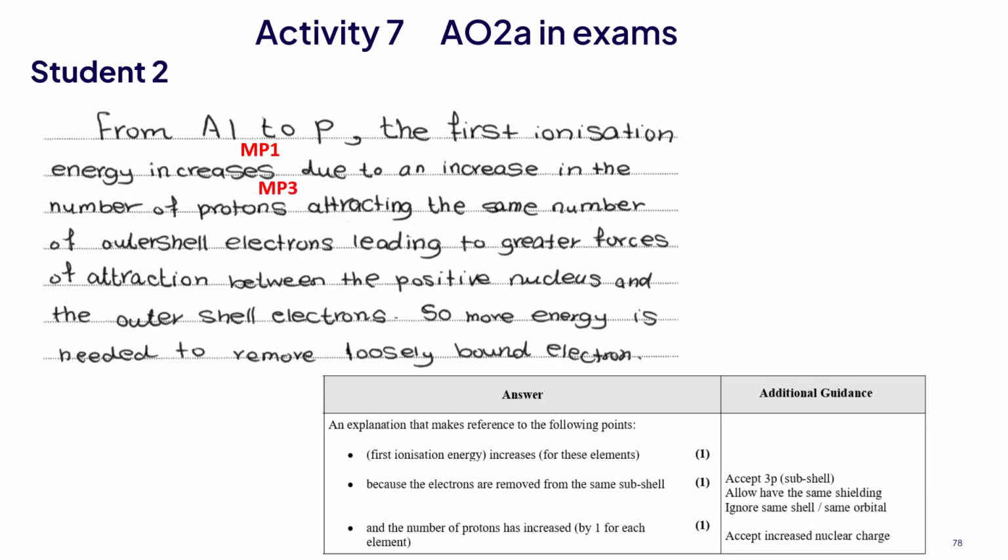Doesn't take you long to spot the number of protons increasing. But I can't see anything that indicates number of electrons are being removed from the same subshell or being removed from 3p. I can't see anything about same shielding. So I don't think there's enough information there for MP2 personally. So 2 marks.